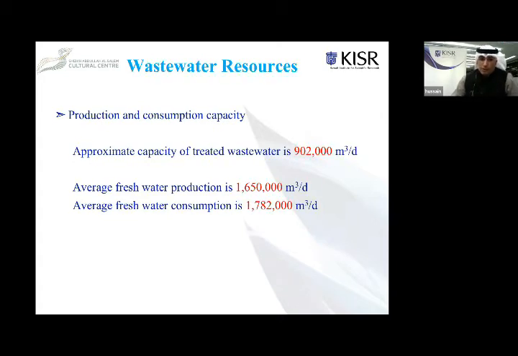And the average freshwater consumption is beyond that, which is 1,782,000. So that's, as I mentioned at the beginning, a critical issue unless we have expansion in the production or the storage tanks. Those need to be facilitated or utilized immediately, according to those numbers.